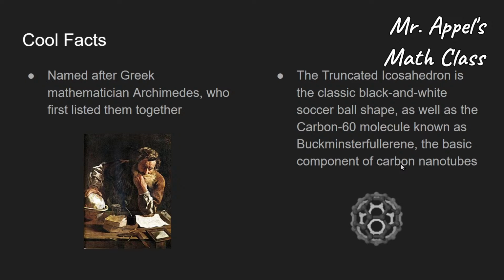Maybe sometime in the future we'll be able to make more stuff out of it. We're really at a manufacturing standstill at this point for making stuff out of carbon nanotubes, but it's a super strong, super duper lightweight material. We'll all have indestructible clothes and vehicles, and everything will be made out of carbon nanotubes. It'll be awesome. All right? So that's pretty cool, all from an Archimedean solid right there.